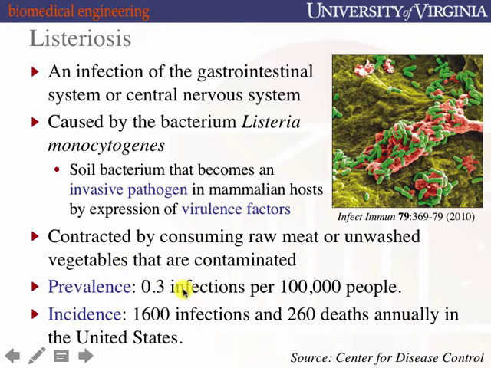So incidence is about 0.3 infections per 100,000 people. It's right on your slide? Okay, I must have pulled. Yeah. And so the incidence is about 0.3 infections per 100,000 people, and the prevalence, as long as it's right on your slides, is 1,600 infections and about 260 deaths annually in the United States.